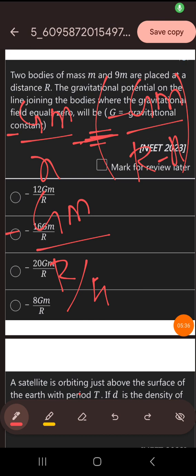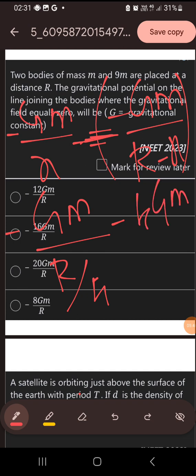And the value of r minus x is 3r by 4. So we can simply write this as minus 4G m by r minus 4G m by r, and so on, taking the LCM.